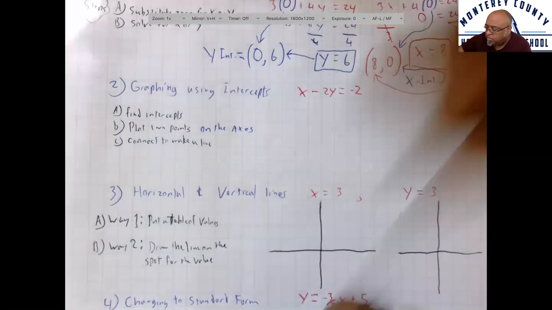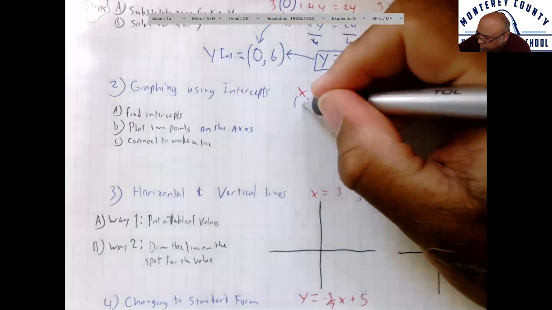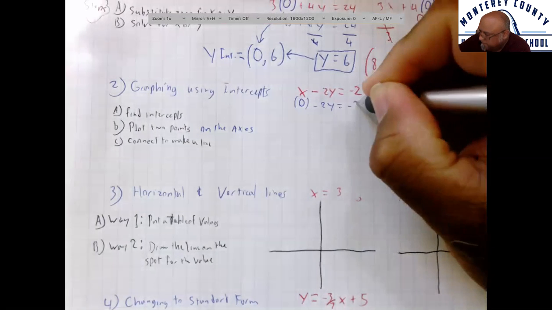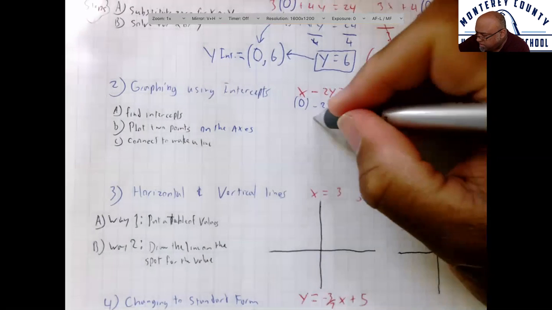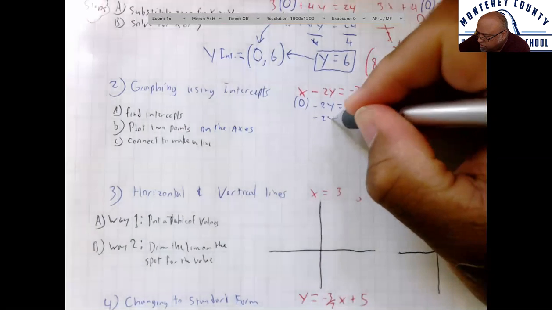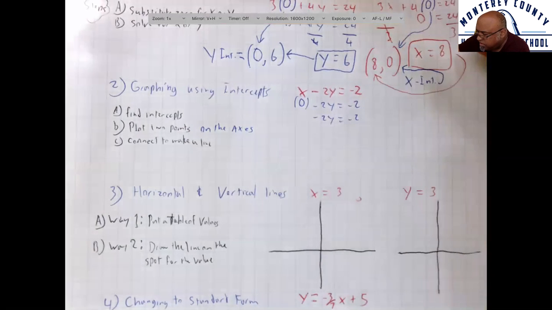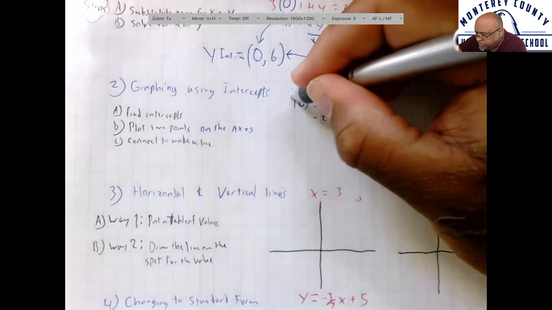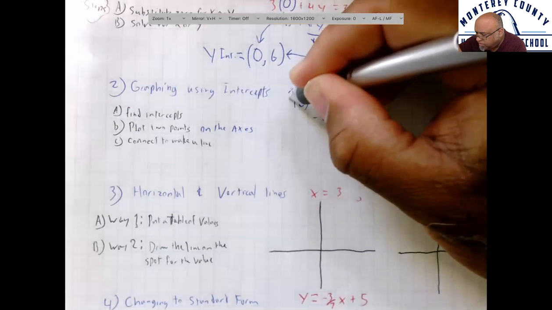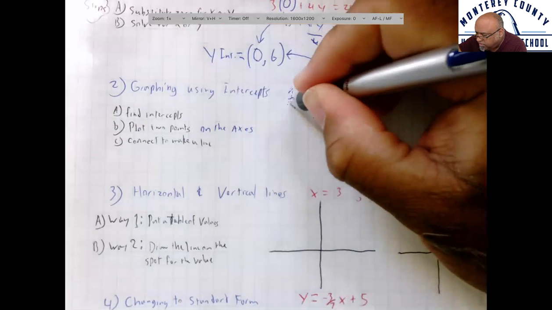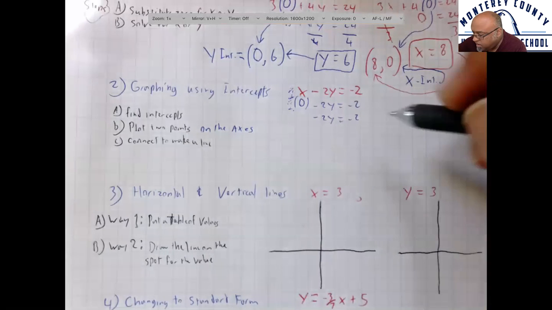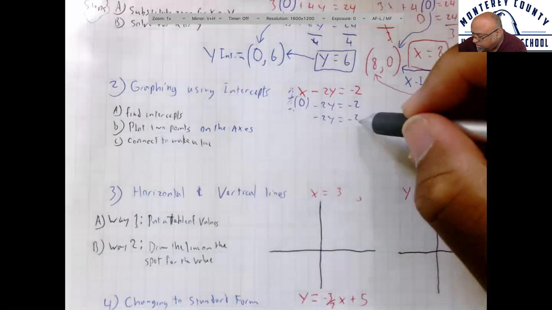I'm going to do this the same way I did before. I'm going to substitute 0 for x first. Now I have negative 2y is equal to negative 2. By the way, since x has nothing in front of it, remember there's an invisible 1 in front of it. So that invisible 1 times 0 is, of course, 0. So now I have negative 2y is equal to negative 2.